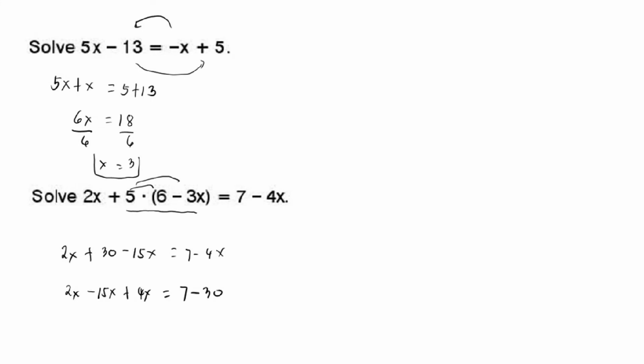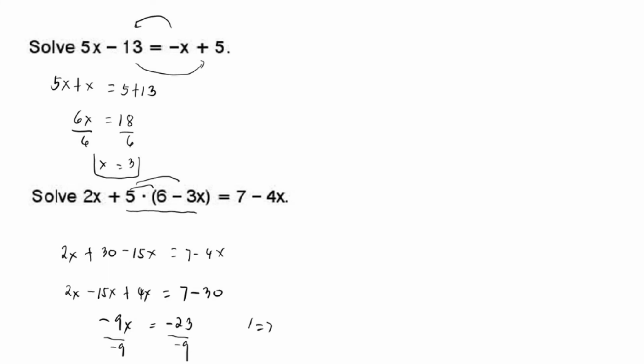So what is now the answer? The answer here becomes negative 9x equals negative 7 minus 30 is negative 23. Now divide both sides by negative 9 because we want our x to always be positive. We don't solve for negative x. We always solve for positive x. Therefore, we divide both sides by negative 9.